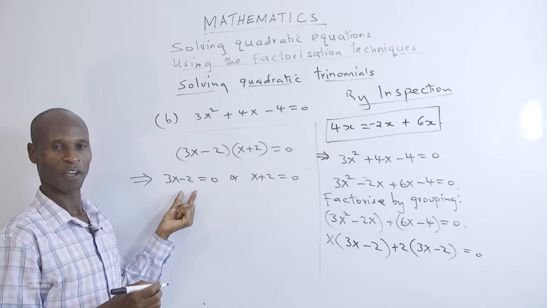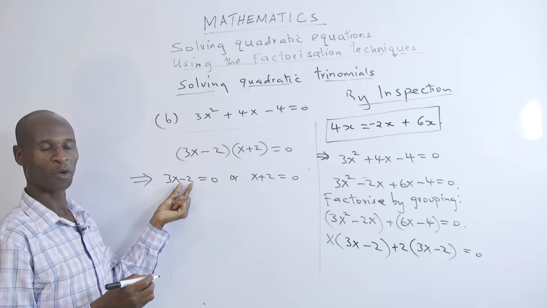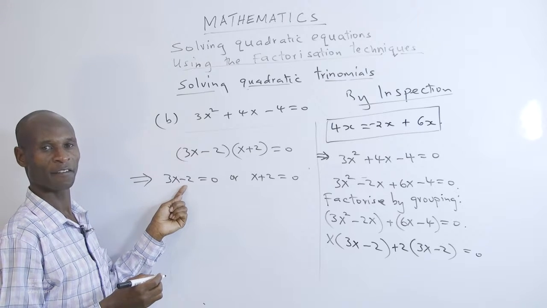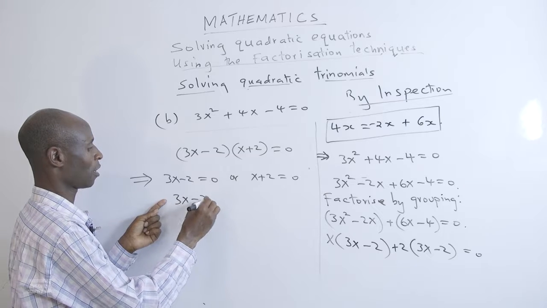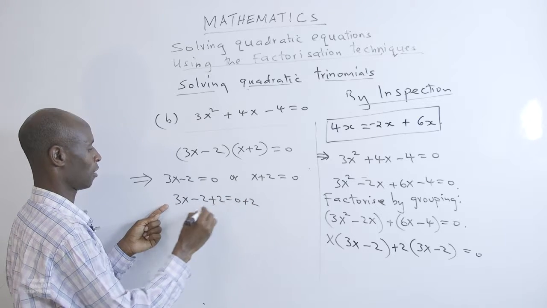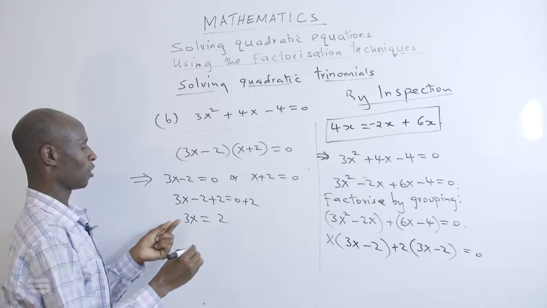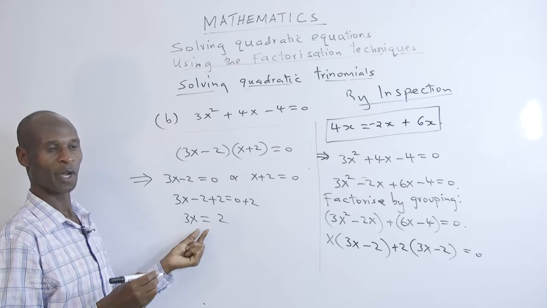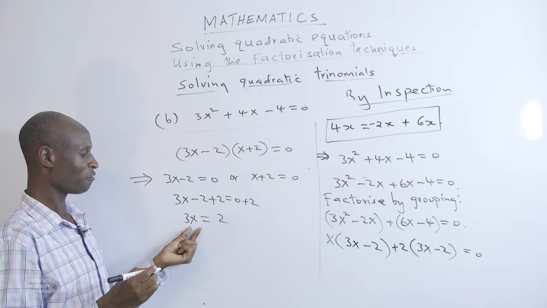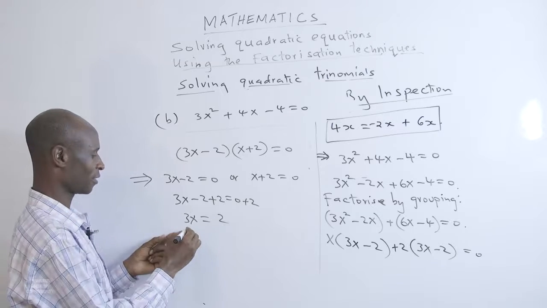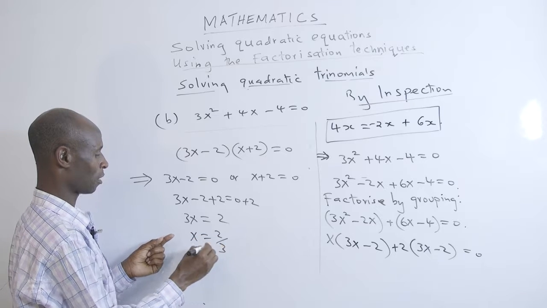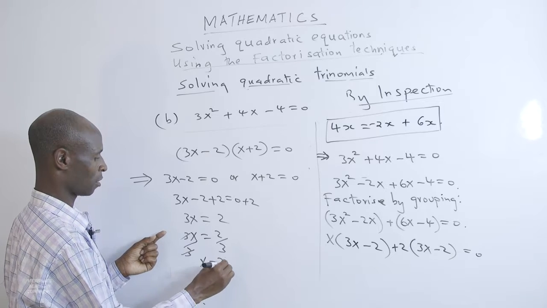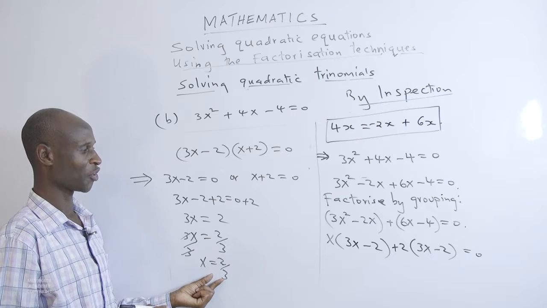To find the value of x, we add 2 on both sides since it's negative, to eliminate it from the left-hand side. So we shall have 3x is equal to 2. What is the value of x? To get the value of x, you divide by 3 on both sides. So x will be 2 over 3.